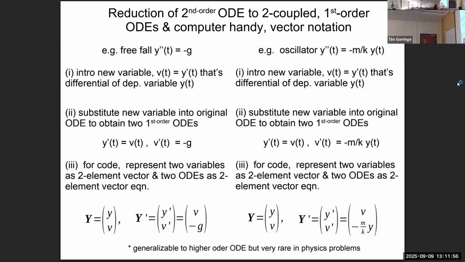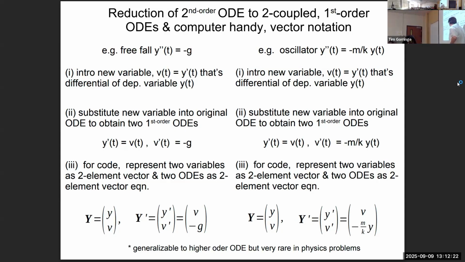The differential equations. This here is the pair of differential equations, and how I'm going to code them up. So the differential equations will be the differential of this two-element variable. The differential of the upper element, the position, is y prime, and it equals v.